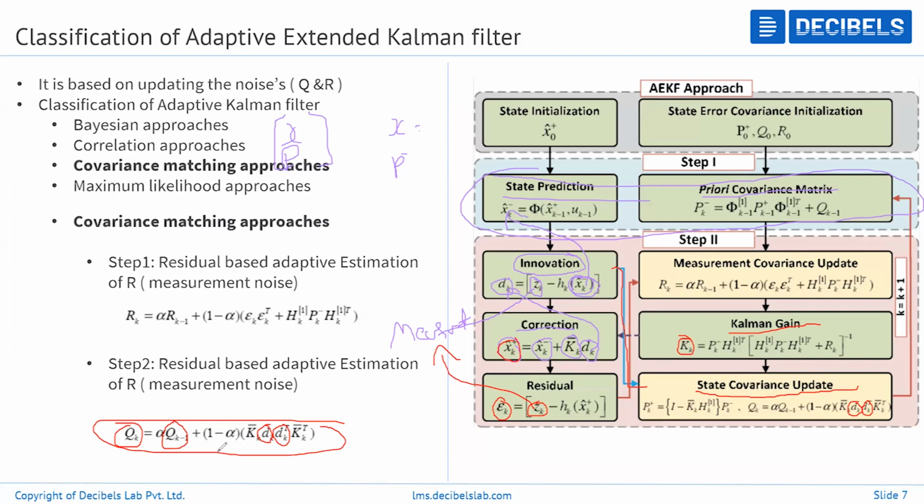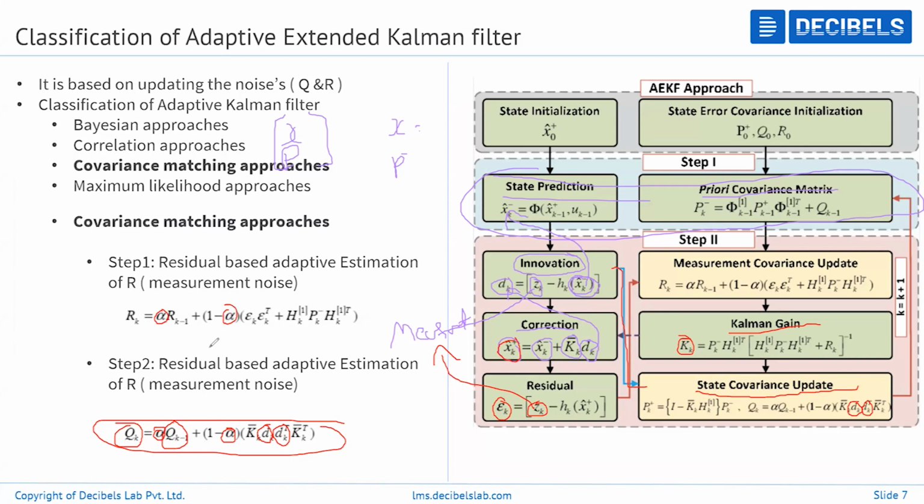Now the left part is alpha. What is this alpha? You can also see the alpha over here. This alpha relates to the forgetting factor. This is again some advanced topic, so I don't want to go much into it.